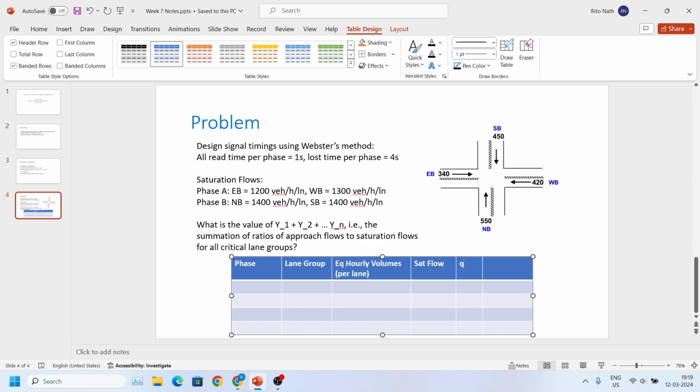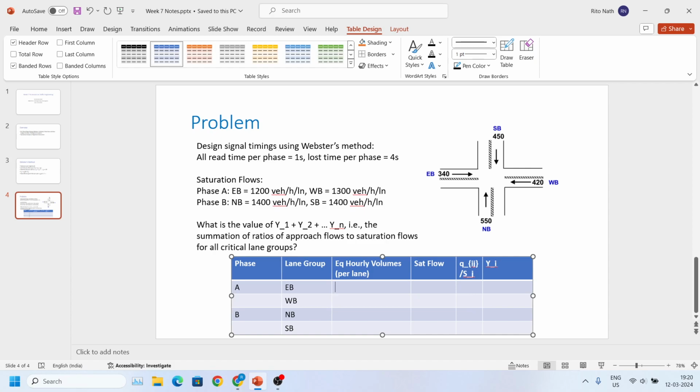Then you have this ratio qij divided by sj. Then you have to write this yi values. So now this is phase A, this is EB, WB. For phase B, you have northbound and southbound.